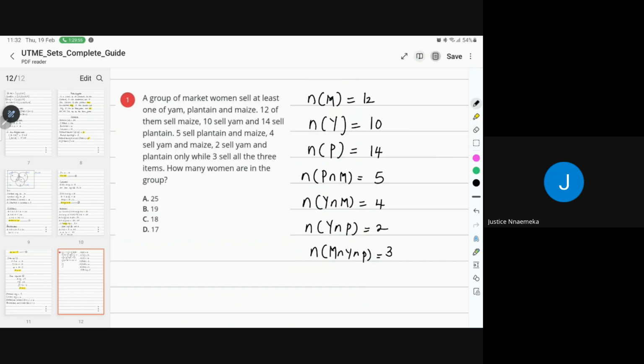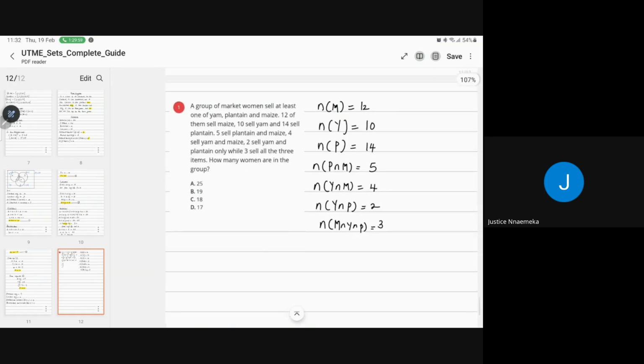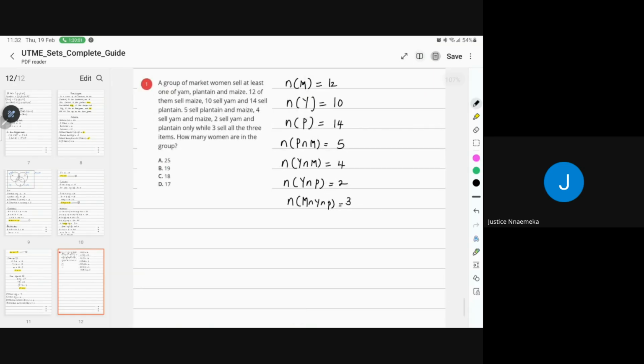Now, what we're going to do, we need to draw our circles, right? Let me reduce it a bit so I can see it while drawing. For our circles, we have 3 of them. This is the first. They're asking us how many women are in the group, so the universal set is unknown. Now we have the second and the third.